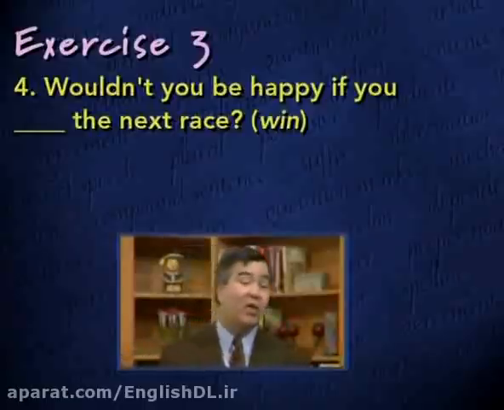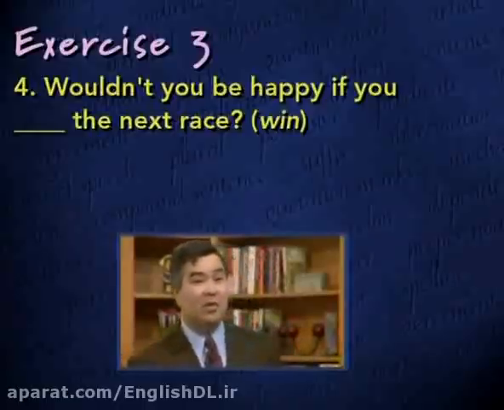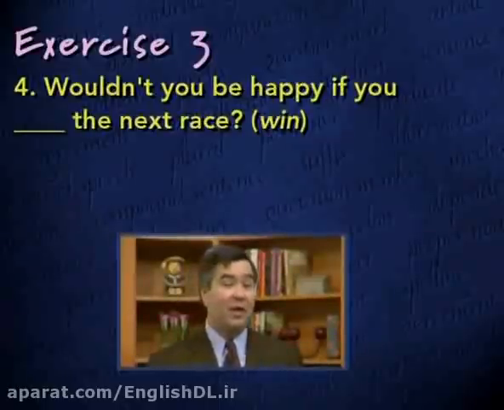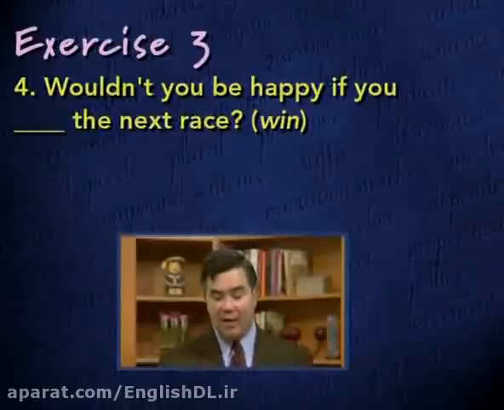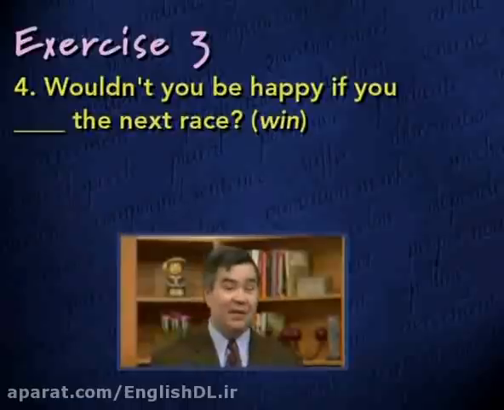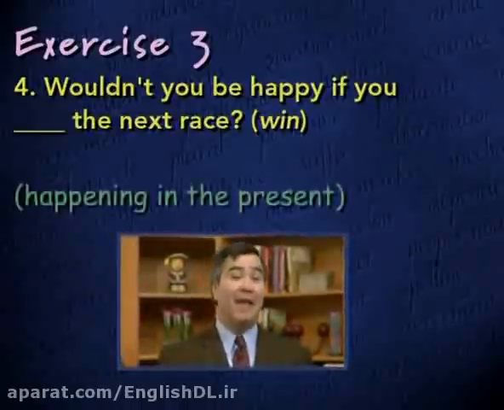So we have an unreal or doubtful condition being described, and therefore we want the subjunctive form of the verb win. Now, are we talking about a present or past event taking place here? Well, we're talking about now. We're saying you would be happy if you win the next race.